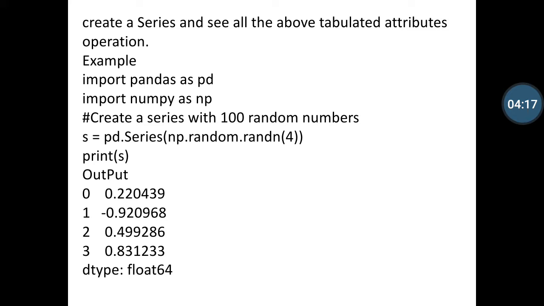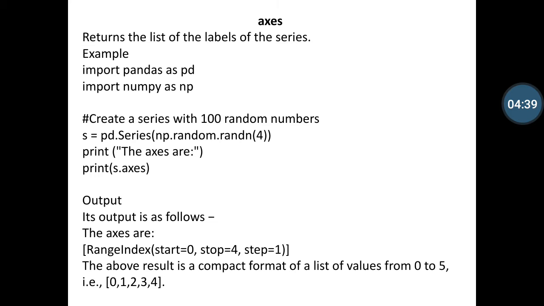Our output is given in the slides. You can notice the numbers randomly chosen by the random option of the NumPy library, and the data type is float64.